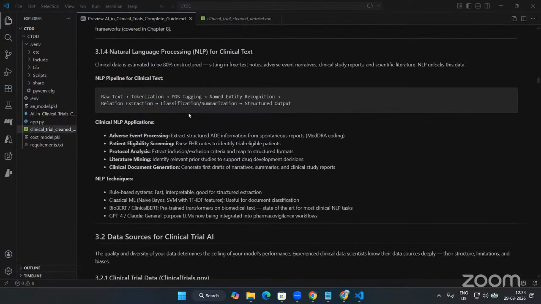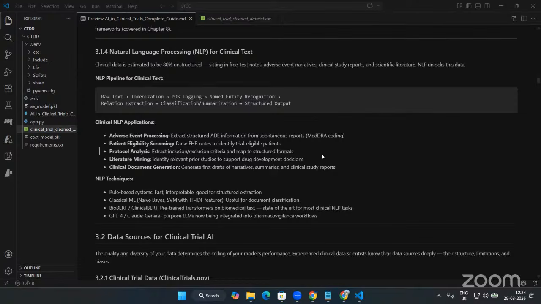Next, 3.1.4, that is natural language processing. Clinical data is estimated to be 80% unstructured, sitting in free text notes, adverse event narratives, clinical study reports, and scientific literature.